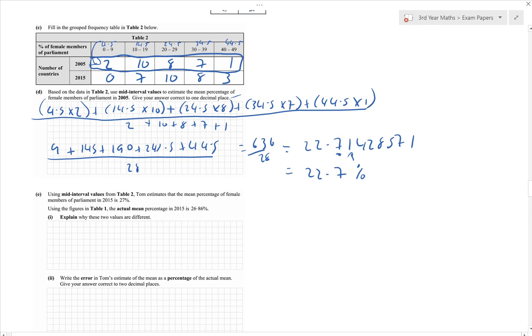So the mean from table 2 uses estimated values, so mid-intervals. So we just use the middle of the intervals here. We estimated them, okay? Whereas that value there is the true mean. So 26.86 was found using true values, so all the correct values.